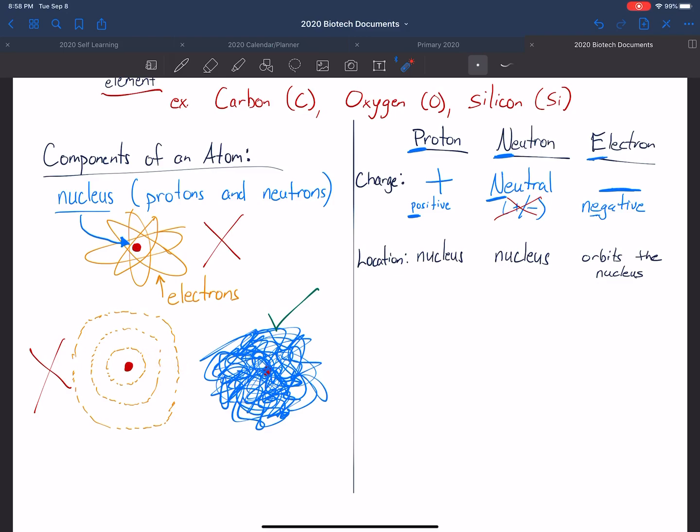So that aspect where they are still bound by these energy levels helps us predict a little bit of where they are. So actually this will have 2 points here. So it orbits the nucleus and there are various energy levels in which those are bound.